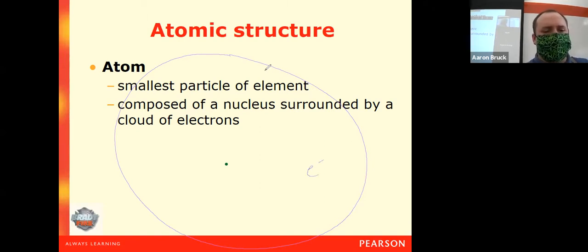So all the electrons exist in this cloud around the nucleus. The nucleus itself represents a very small part of the overall volume of that atom.